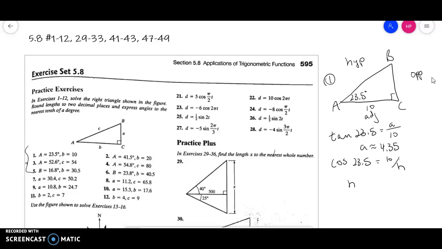This time it's not multiplication. Remember that this time it's divided, and my hypotenuse is side c. Let's not mix up these labels. So 10 gets divided by the cosine of 23.5, which, again, in the calculator in degree mode, I get about 10.9 units, whatever units these are supposed to be in.